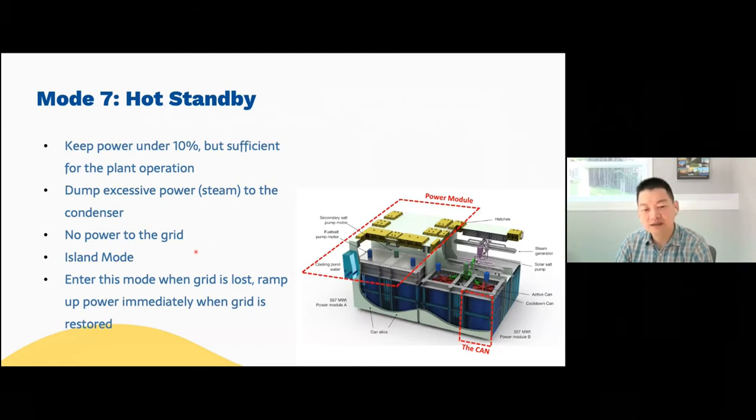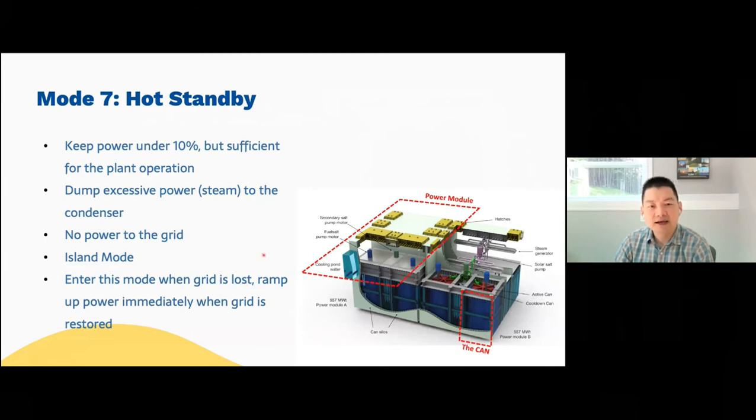So why do we need this mode? Because sometimes we will lose the grid for whatever reason. Could be weather conditions, could be the grid does not need any power. So whatever happens, we will enter this hot standby mode.